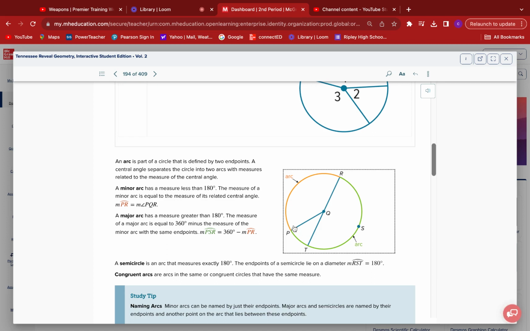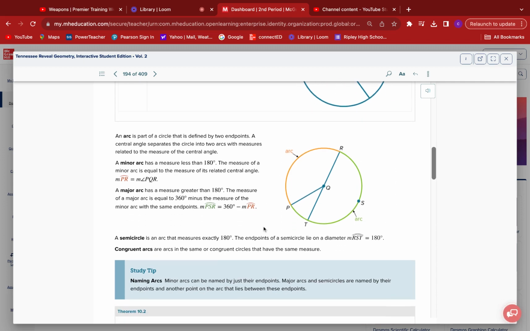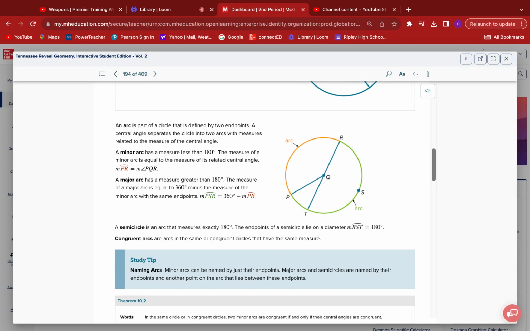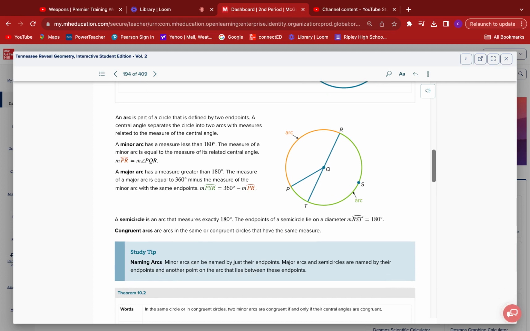A minor arc is smaller than half the circle, so smaller than 180. A major arc is bigger than half the circle, so bigger than 180. A full circle is 360 degrees. A semicircle is exactly 180.